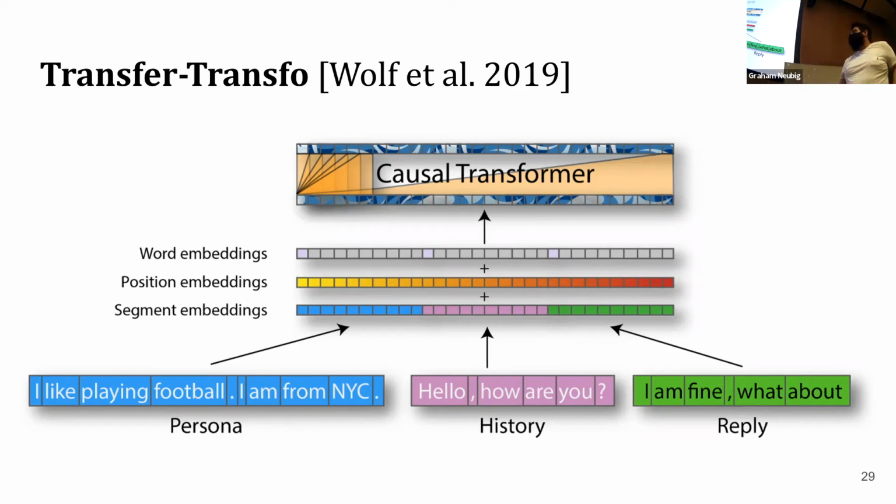And this model is relatively simple. It's basically just GPT, the original GPT, not GPT-2, with the persona built into the sequence, the history, and then the response is what they were tasked with generating. But the very interesting thing in this competition is that even though the Hugging Face model, Transpo, was way ahead of everybody else on the automatic metrics, when the organizers actually did human evaluation, the Hugging Face team did not place first.